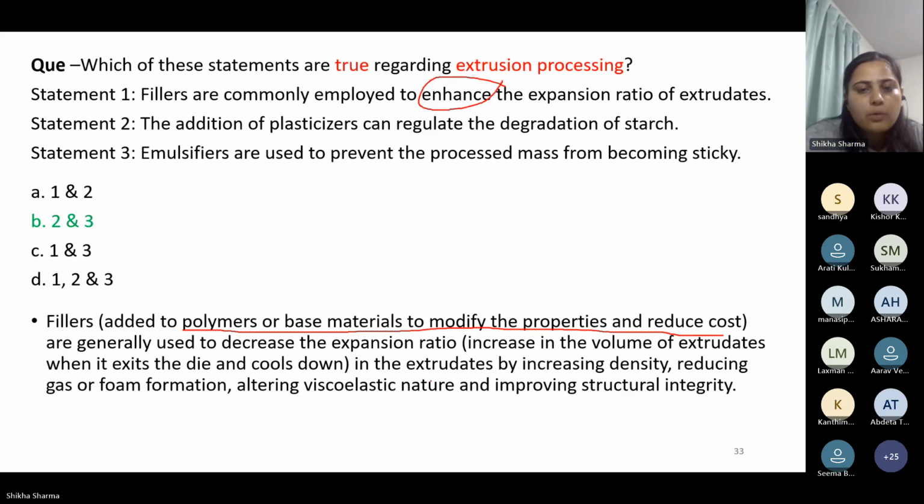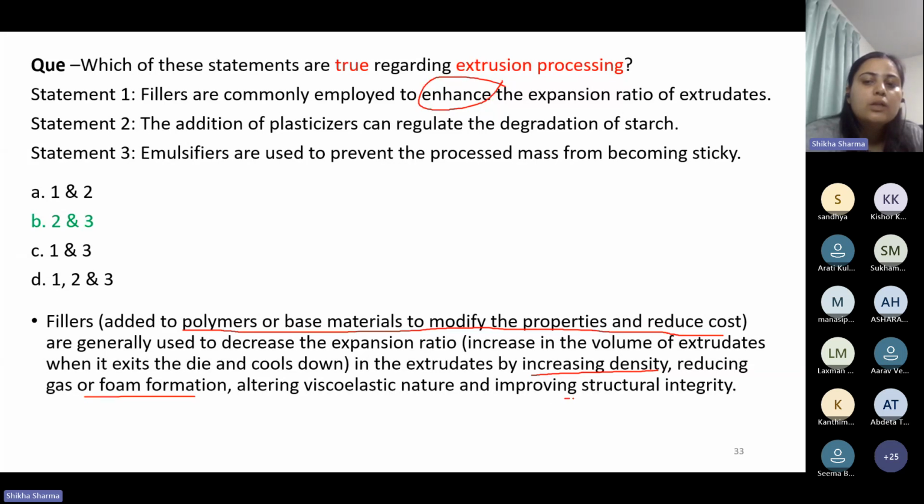So also, fillers decrease the expansion ratio because they increase the density and reduce the gas or the foams. Because they are increasing the density, the viscoelasticity or viscosity of the product gets changed, and sometimes it forms bonds like hydrogen bonds or cross-linking.